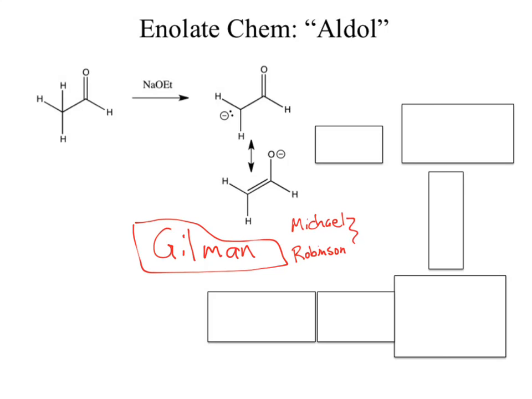You do not need to know those reactions. They are grouped in with Gilman. Gilman is the type of reagent. A Michael addition is using a Gilman reagent to react with a very particular starting material. A Robinson annulation is a Michael addition followed by aldol chemistry, which is what you did in lab. So you're not responsible for those.